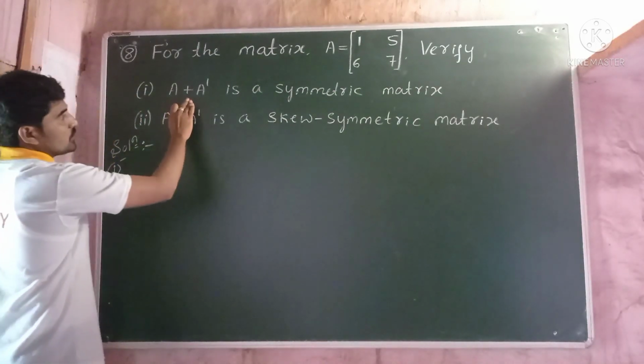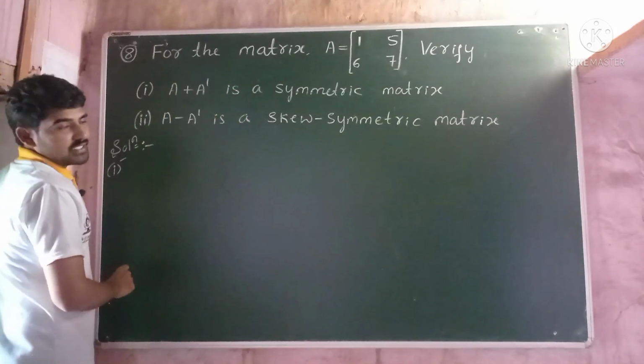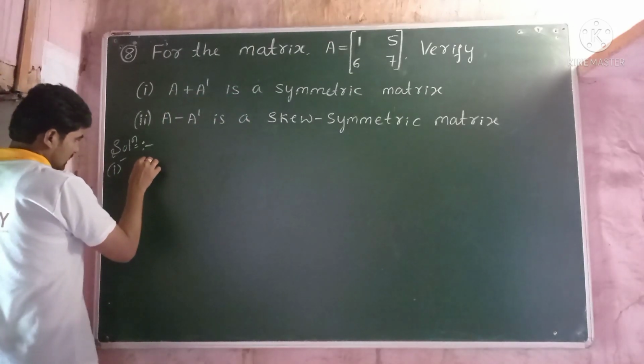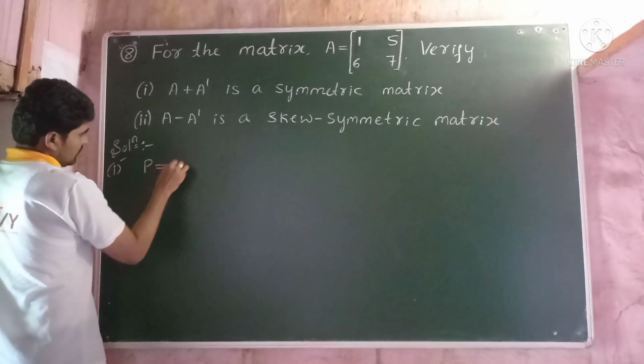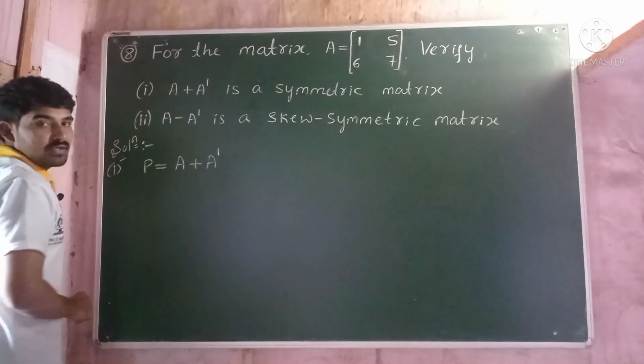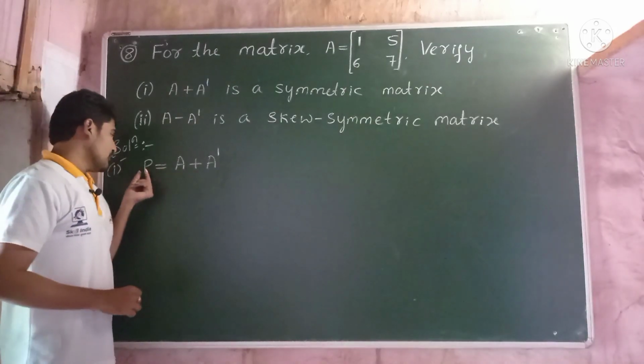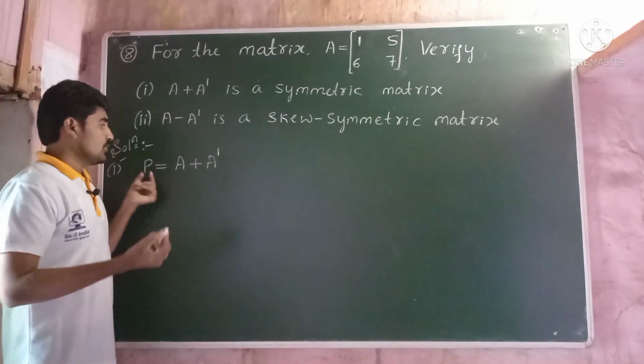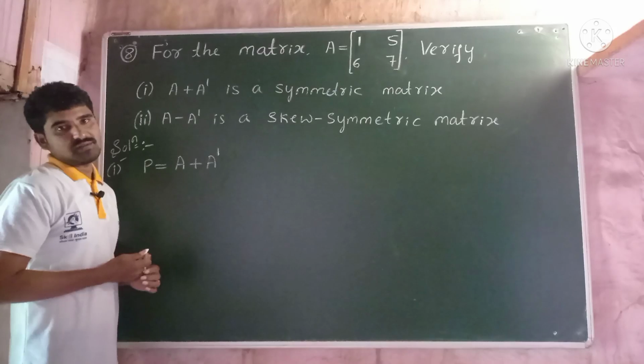First we need to prove that A plus A dash is symmetric. So let P equals A plus A dash. If I prove P is symmetric, obviously A plus A dash is also a symmetric matrix.